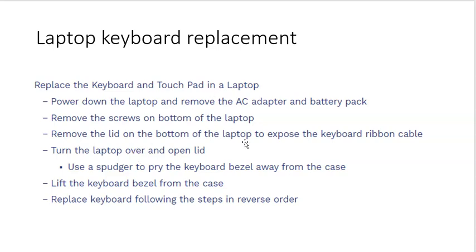Laptop keyboard replacement. Okay, if you've got a laptop and the keyboard dies or gets damaged, you can replace it. You can go online and order a keyboard. Make sure you get the keyboard that is compatible with whatever your laptop is. So if you've got an HP or a Compaq or a Lenovo, just double check and make sure that the keyboard is going to work with it, because not only does it have to physically fit, but the ribbon cable also has to be compatible.